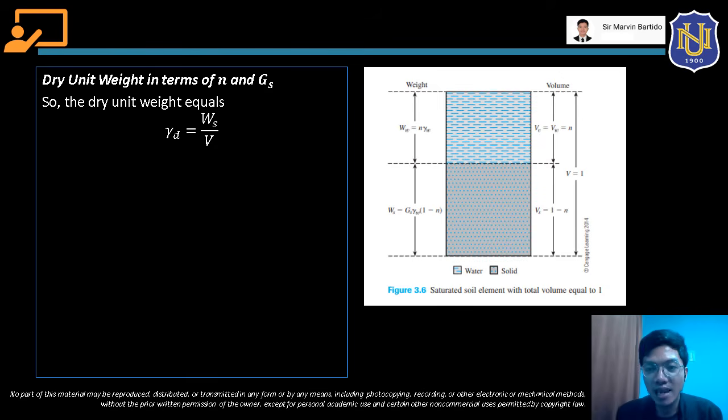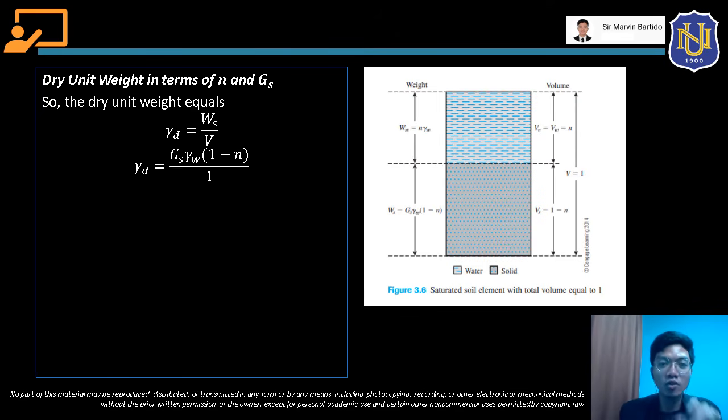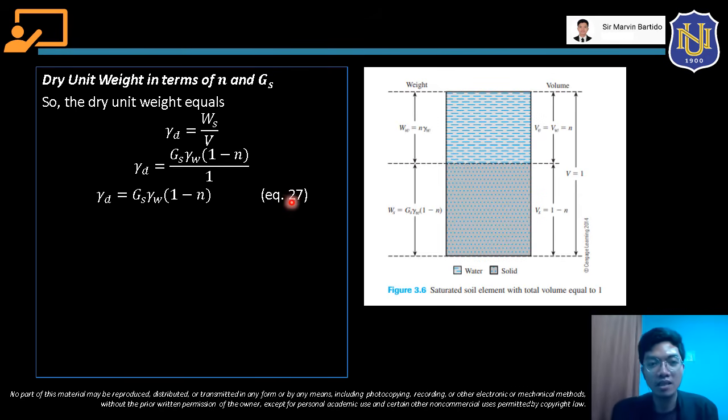The weight of soil solid we already derived from the previous slide: G sub S times gamma of water times 1 minus N. Then our total volume, we assumed, is 1. So, therefore, our gamma dry, class, is G sub S times gamma water times 1 minus N. This is the gamma dry in terms of porosity, equation 27.